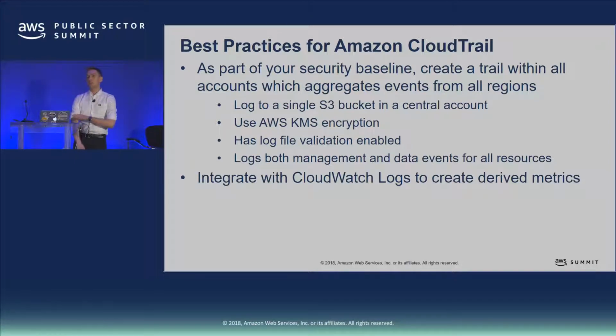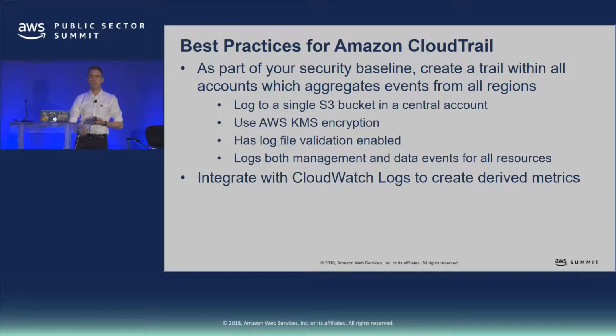You can integrate with CloudWatch Logs to create derived metrics. What this means is, in addition to just consuming the files out of S3, you can push that to CloudWatch Logs, which gets you some functionality in terms of being able to filter and search, as well as to say, I want to pluck this field out and create a metric out of it. So how many times is this API being called?